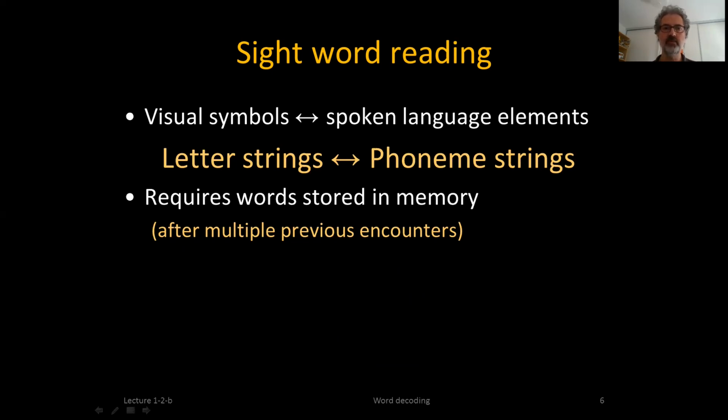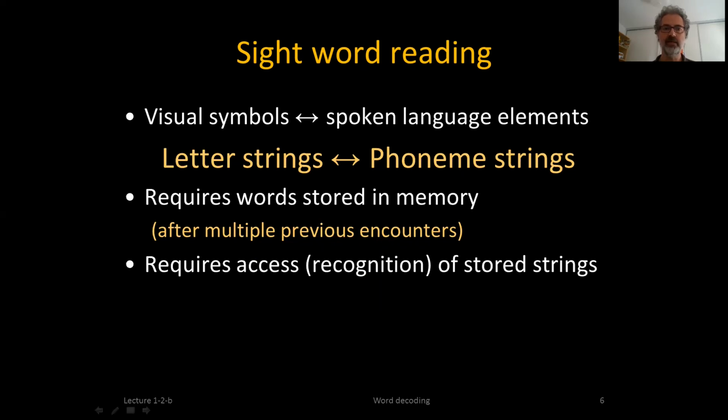Every time you read a word, a trace of its form is stored in your memory. If you read it enough times, this stored form becomes sufficiently strong that you can actually find it. So you can access and recognize strings or letter sequences that are stored in your memory.